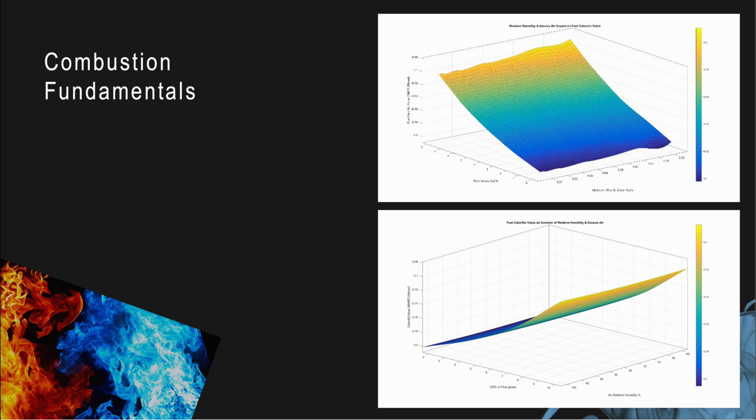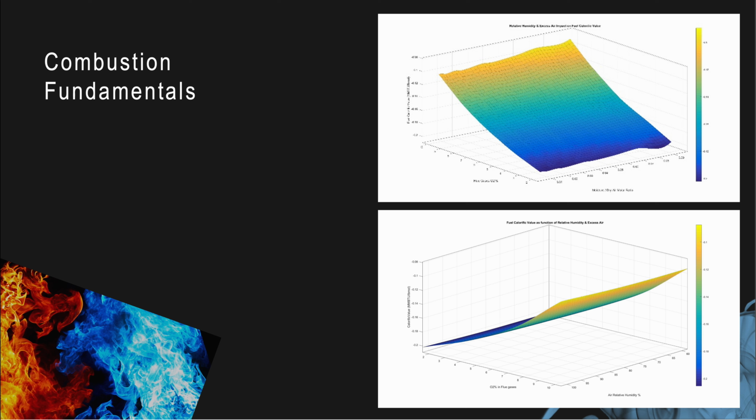So when we look at it from a calorific value perspective, you can see down here the caloric value, the oxygen or excess air, and the air relative humidity.